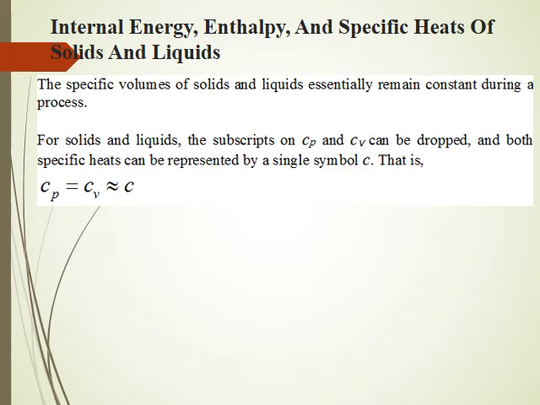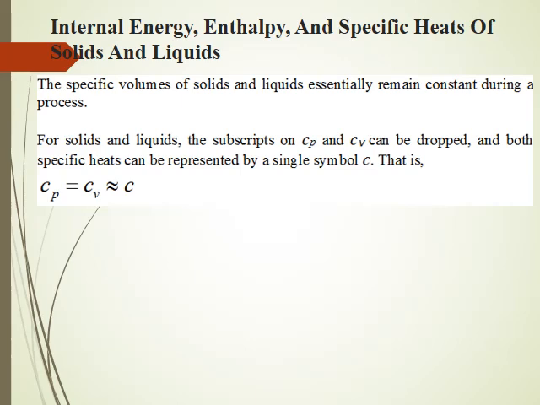And moreover, while dealing with the chapter of property relations, we will be proving that the constant volume and constant pressure specific heats are identical for incompressible substances. We are going to prove it mathematically. So basically for solids and liquids, the subscripts like Cp and Cv are not used.